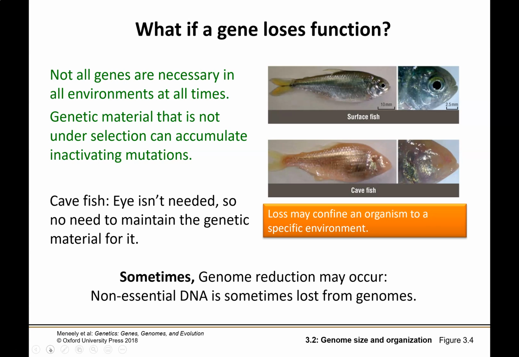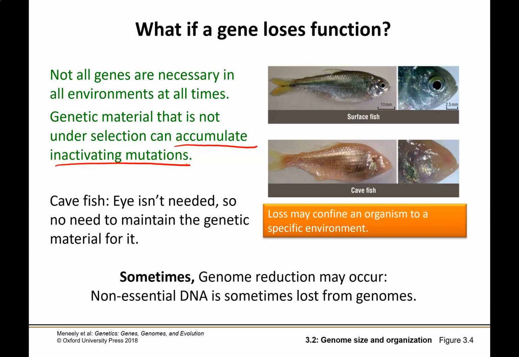Maybe that gene is either detrimental or just no longer needed. If genetic material is not under some sort of selective pressure, meaning that different variations of the genes provide some sort of fitness advantage, if that's not happening, those genes can actually accumulate inactivating mutations.